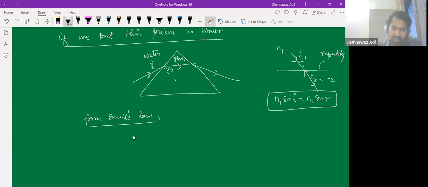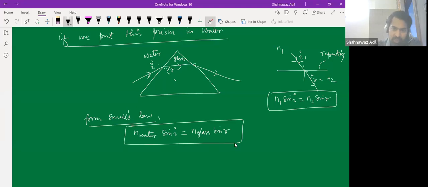So we write n of water, then sin i, equal to n of glass, and then sine of r. So this would be Snell's law.